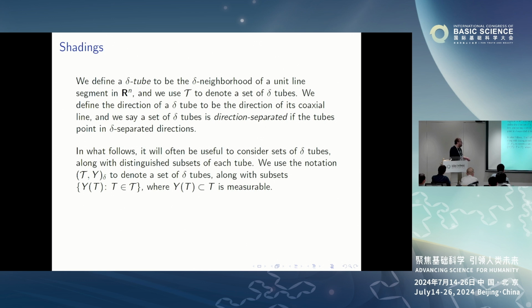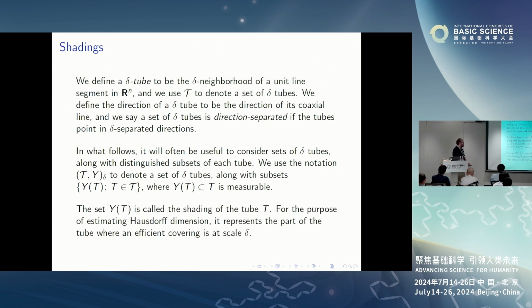So the full structure that we study is calligraphic T, which is a set of tubes, together with Y, which is a function that when you feed it each one of the tubes gives you a subset of the tube. And the way you should think about this is that it's the part of the tube that's efficiently covered at scale delta.